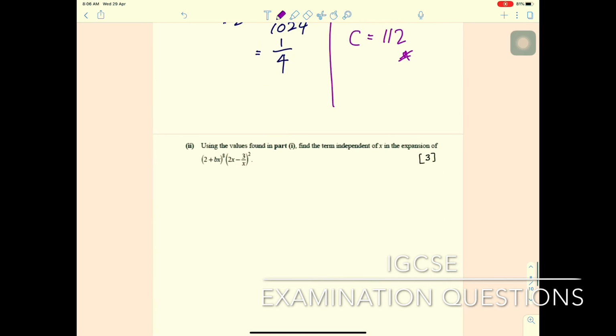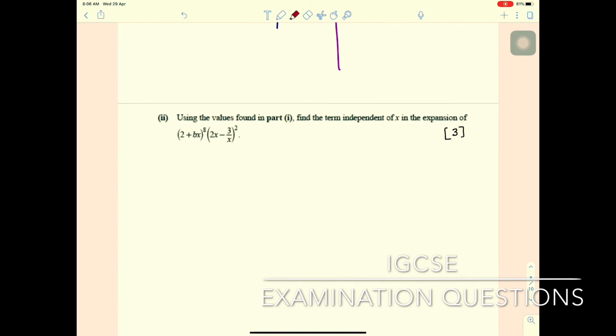Question 2. Using the values found in part 1, find the term independent of x in the expansion. Write down (2 plus bx) power of 8 times (2x minus 3 over x) squared.